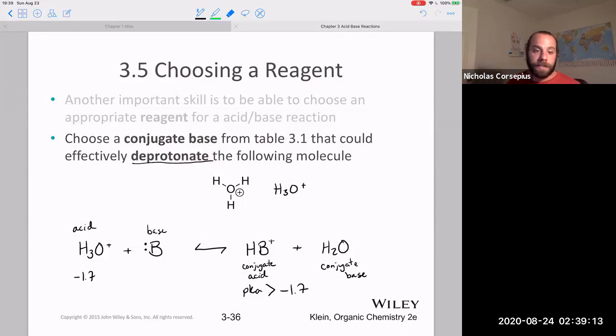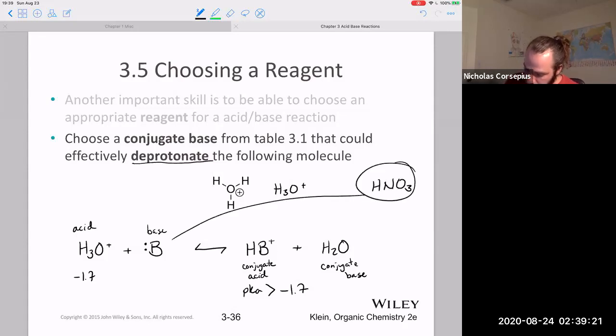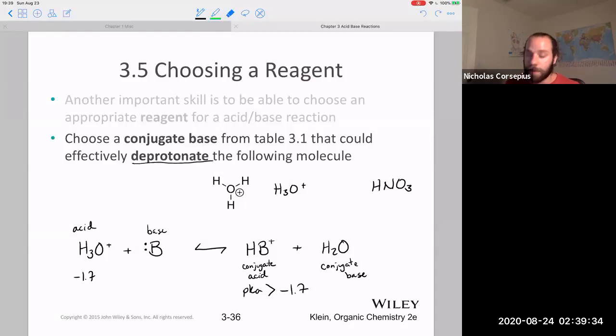If I look on my table here, the next acid would be HNO3. So then do I just put this here? Hopefully you all said no, because that's the acid form or the conjugate acid form, not the base form. So what do I need to do? If this is my acid, how do I get the conjugate base?